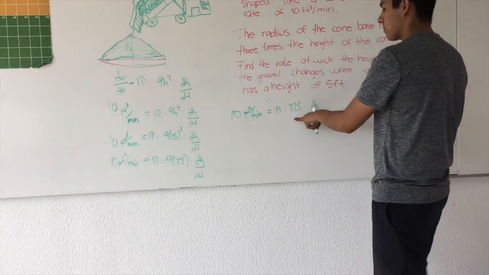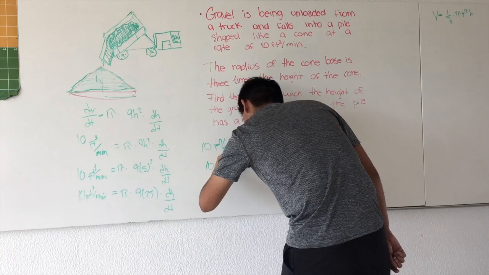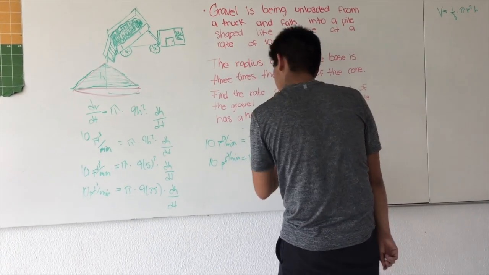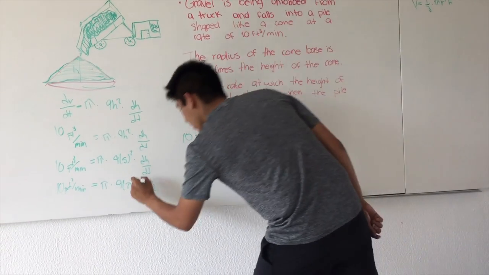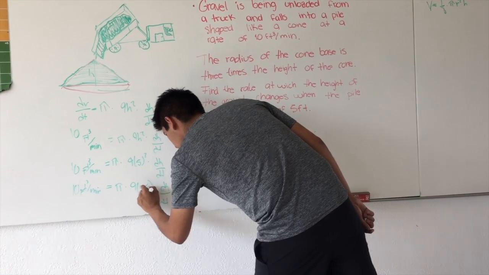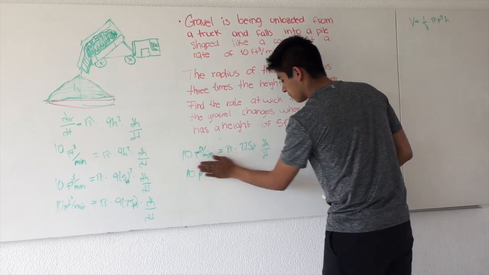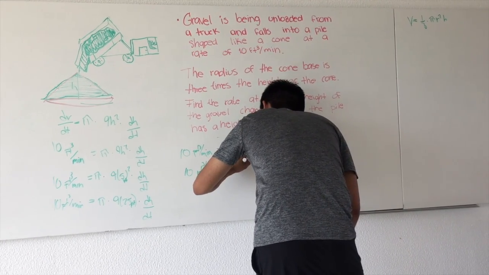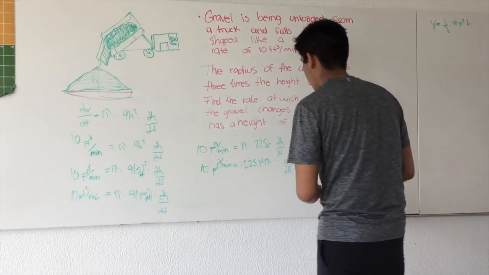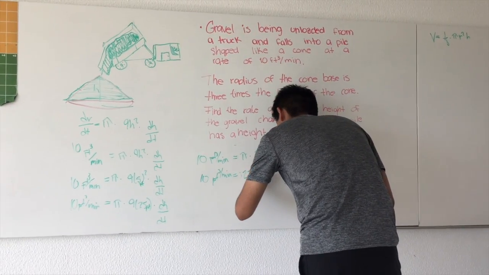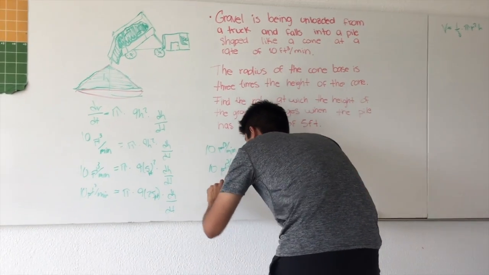So now we can multiply this pi times this 225. But we forgot that it's feet. So we can multiply this, and we get 225 pi feet times dh over dt. Sorry, 225 pi feet. And now we can simplify this and pass it dividing to the other side.